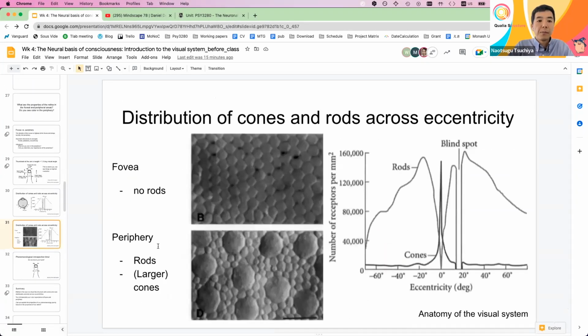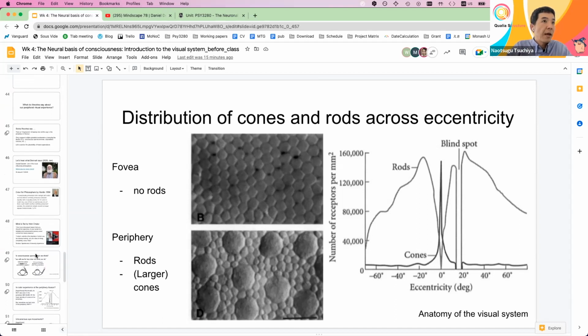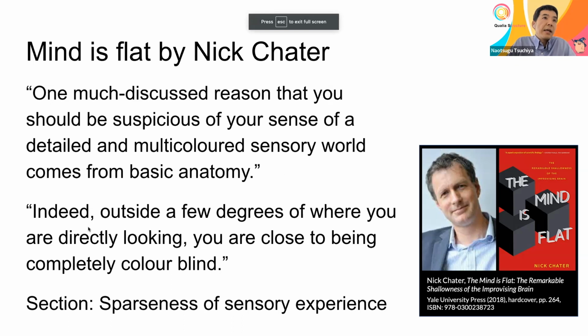This one, okay? Anatomy-wise, the color cones should degrade quite sharply, and that's what he says. Because of that, he says, indeed, outside a few degrees of where you are directly looking, meaning at arm's length somewhere close to a fingernail, that's where you can see color.